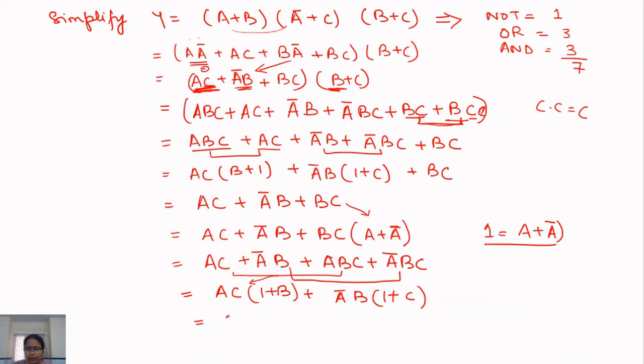Now 1 plus b is equal to 1, this is ac plus a bar b. So now y is equal to ac plus a bar b. So this is the simplified expression.